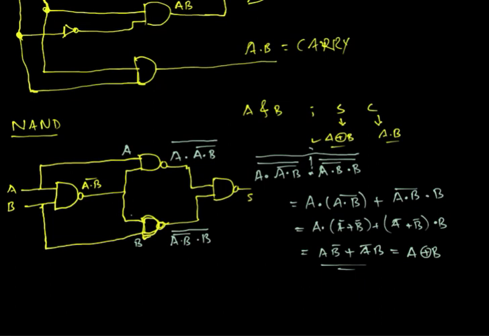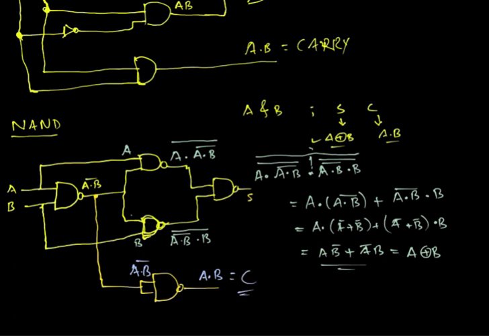Now what we need is an AND gate for the carry part. So here it is A and B all complement. If you take this part and give it to another NAND gate, here it is A and B all complement, which is again complemented, so it will be A and B, which is the carry.